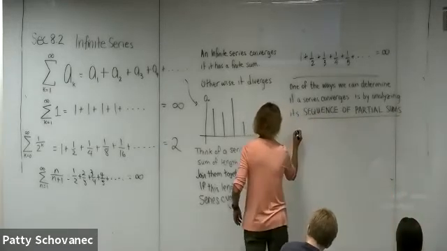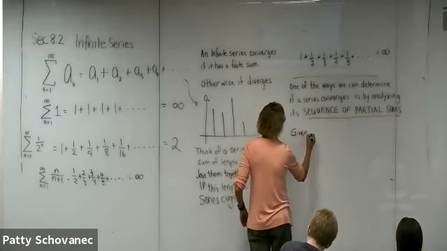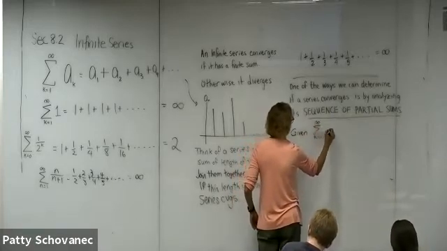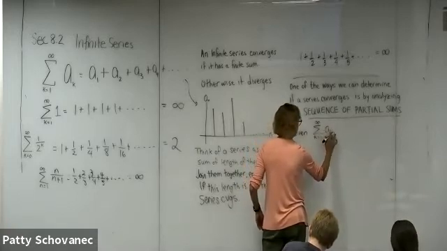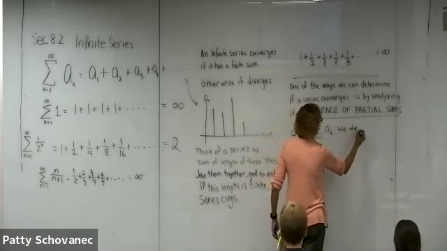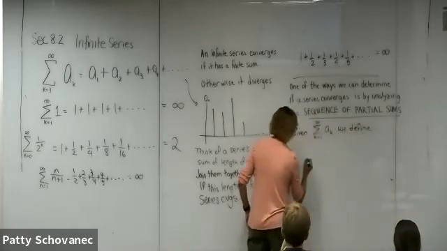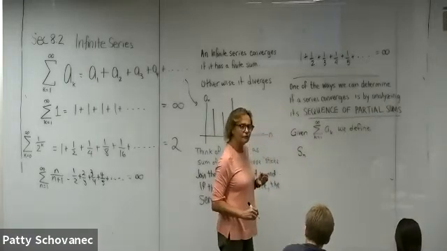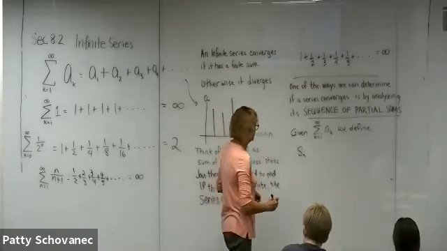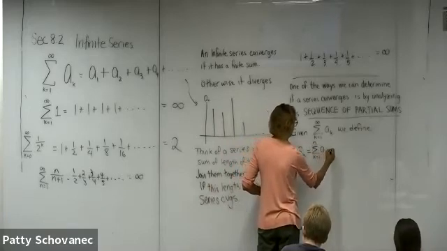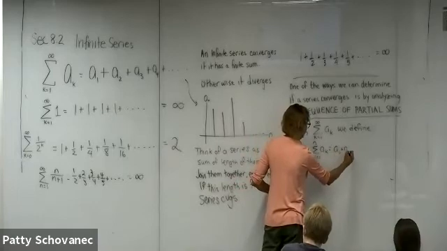So given an infinite series, say from k equals 1 to infinity, of terms a_k, we define S_n as the sum of the first n terms of this. It's a finite sum.